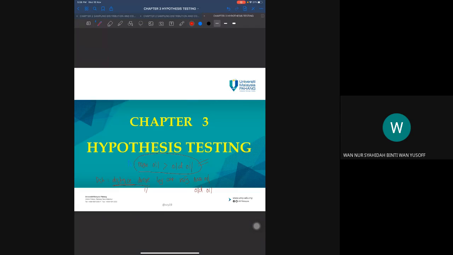Especially for the final question, you can see how we relate chapters 2 and 3. One way is we use hypothesis testing by using the confidence interval approach, which means you first find the confidence interval and then apply it in hypothesis testing.